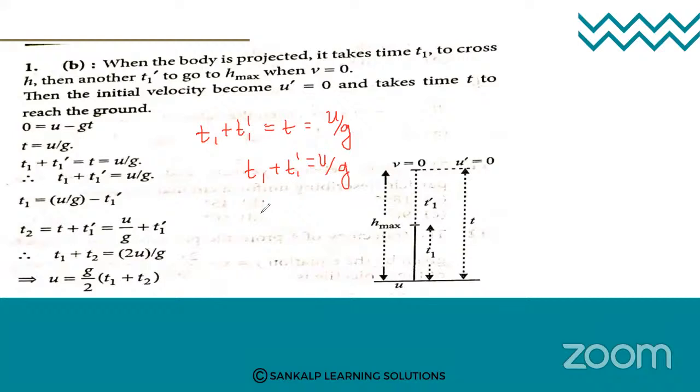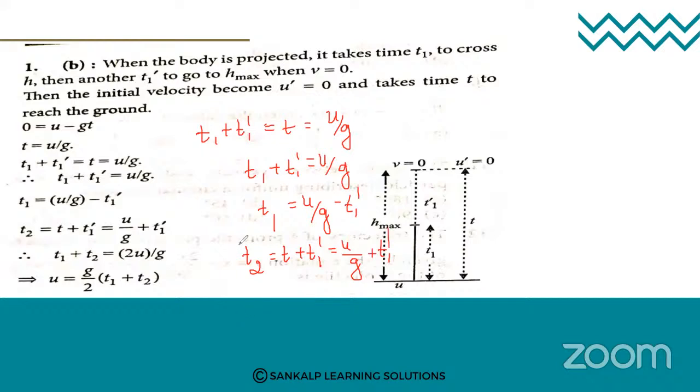Simplifying, t1 becomes u by g minus t1 dash. Just rearrange the terms. Similarly for t2, it is t plus t1 dash, which is equal to u by g plus t1 dash.